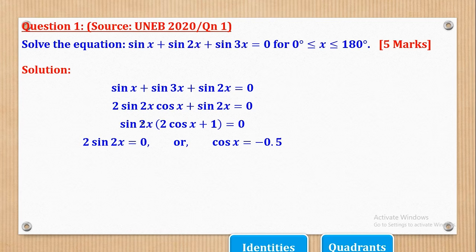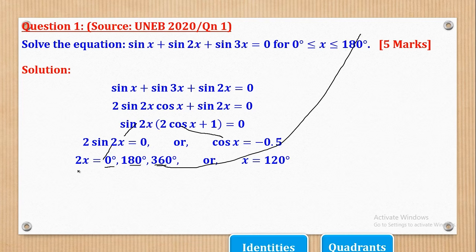Then that means that sine 2x is equal to 0 or cos x is equal to negative 0.5. Therefore, for this one, 2x will be equal to 0 degrees, 180 and 360. Now this one is still outside this range because it is for 2x. 2x means that the maximum will be this multiplied by 2.